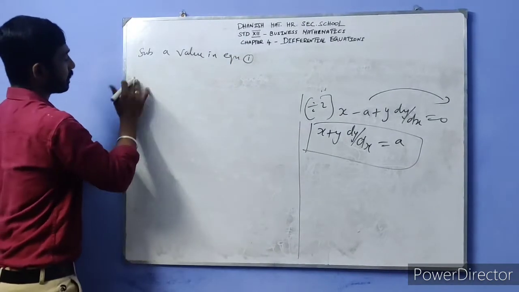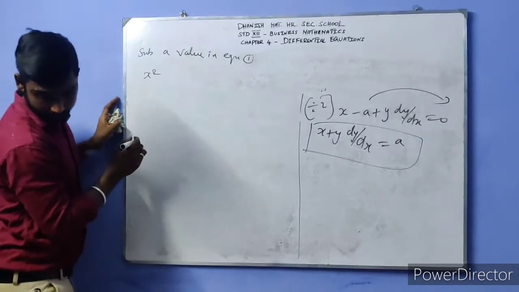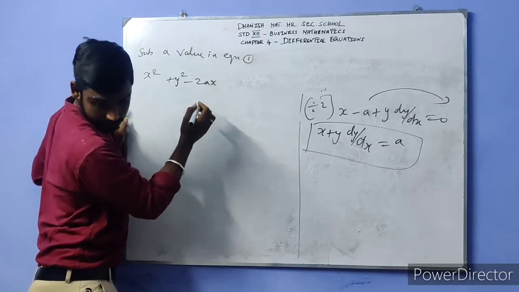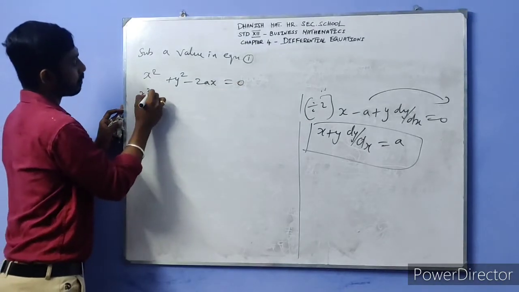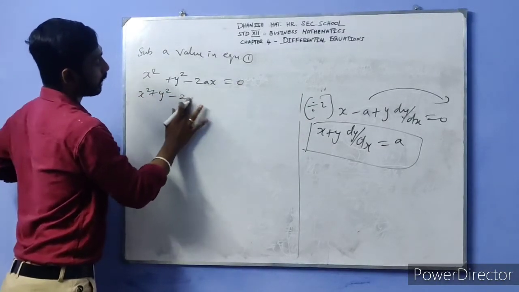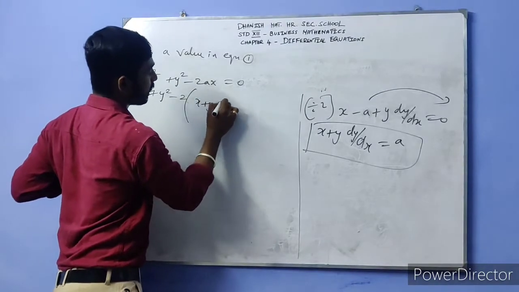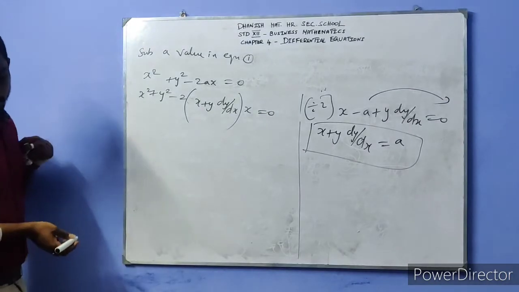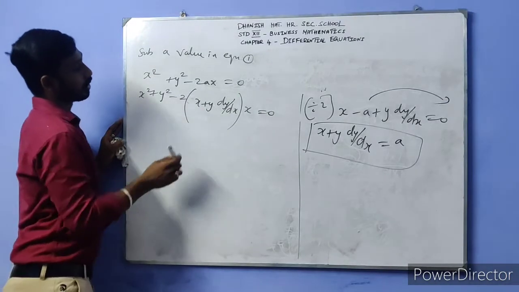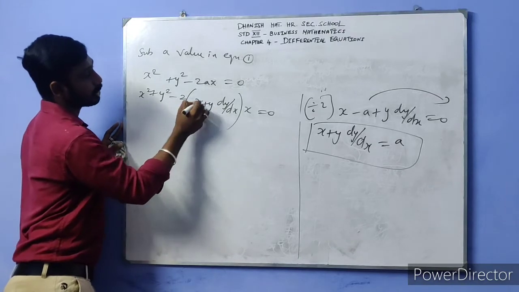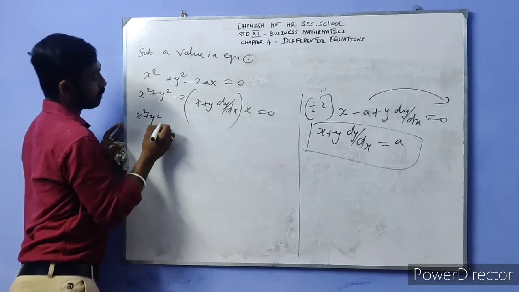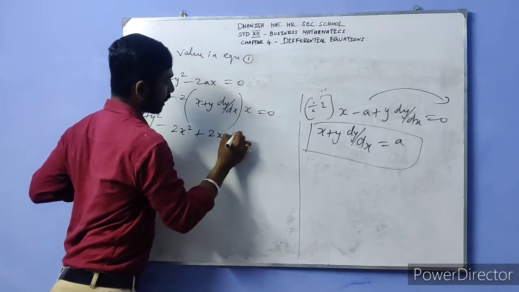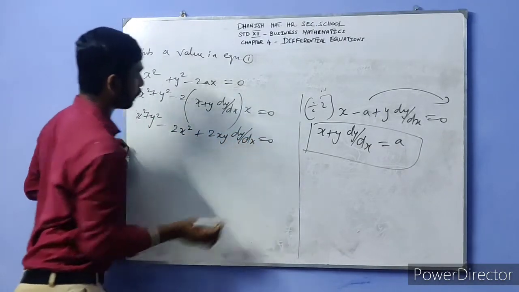Substituting the a value in equation 1: x square plus y square minus 2 into (x plus y dy divided by dx) into x equal to 0. Multiplying out, x square plus y square minus 2x square minus 2xy dy divided by dx equal to 0.